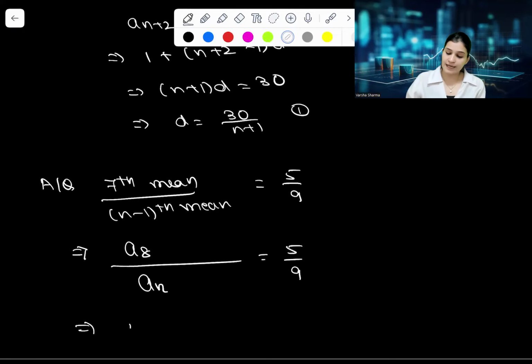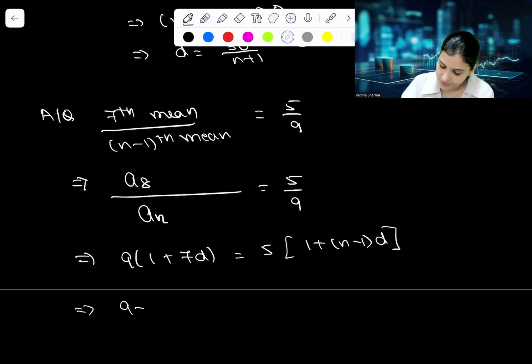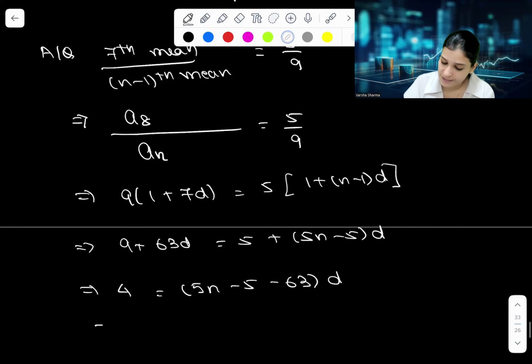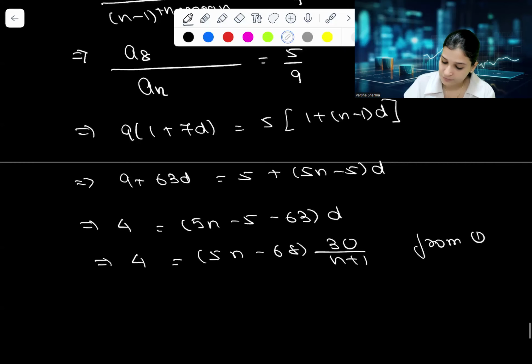Solve. 9 times A plus 7d, and 5 times A plus n minus 1 d. 9 plus 63d, 5 plus 5n minus 5d. Put the value of d. D was 30 by n plus 1 from 1. Solve and find n.